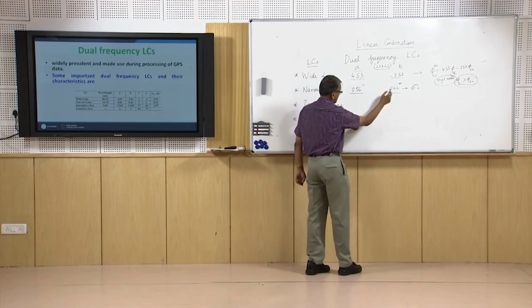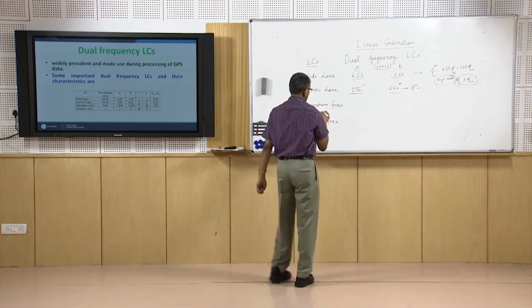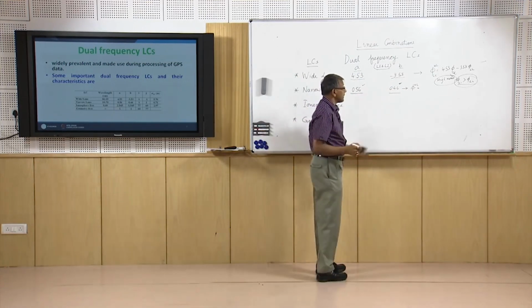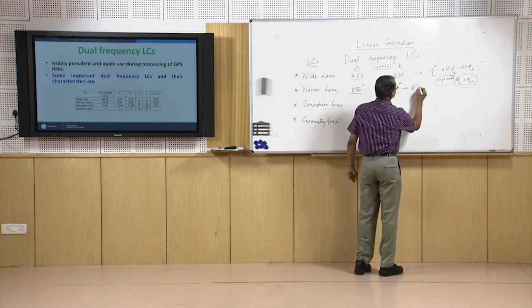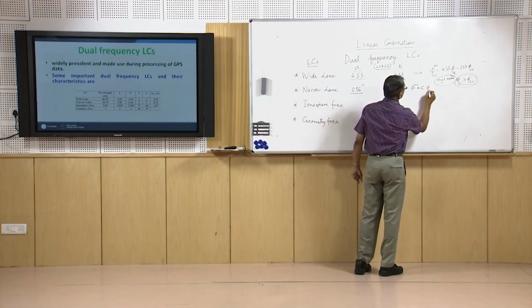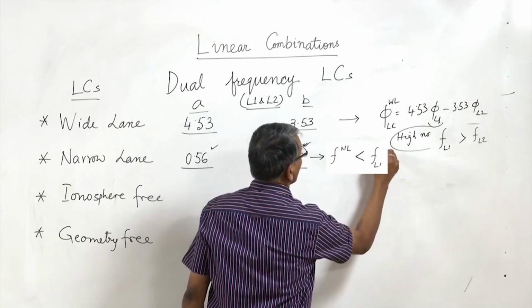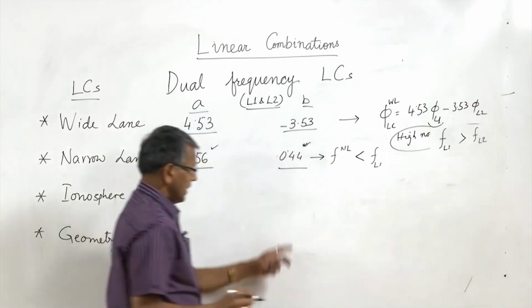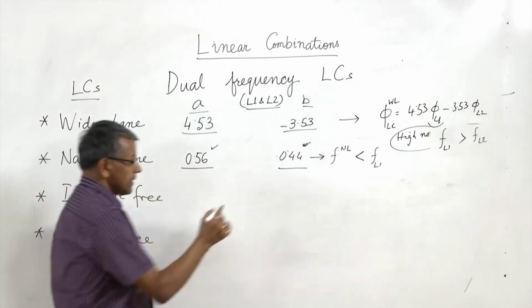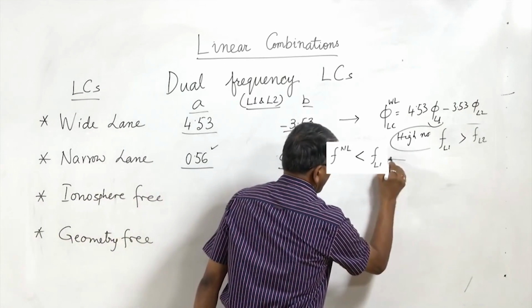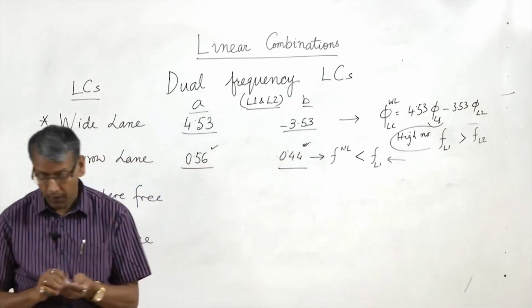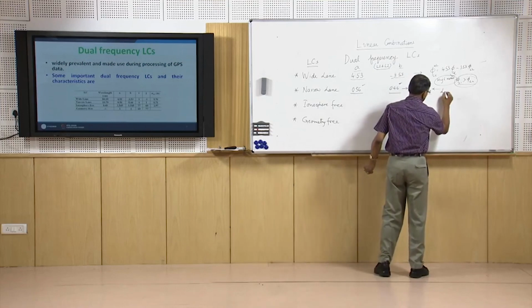So, ultimately the frequency of the combination will be less than the frequency of L1 single. Frequency is less means your ionospheric error will be more, but less noise.